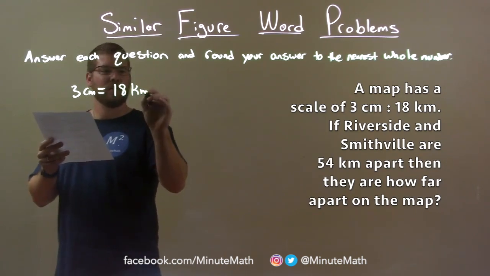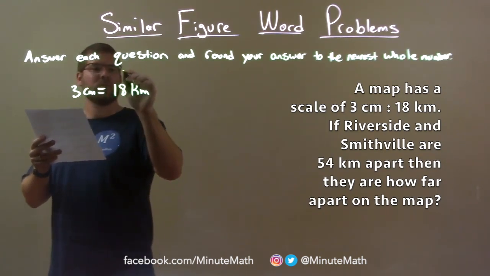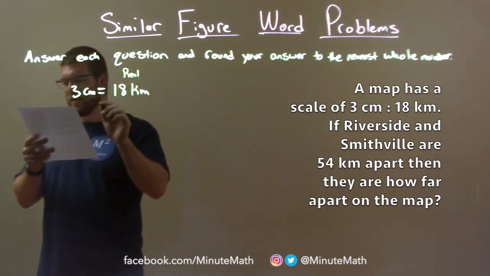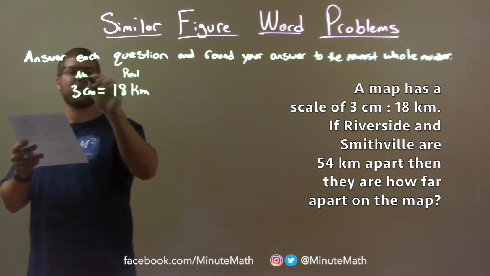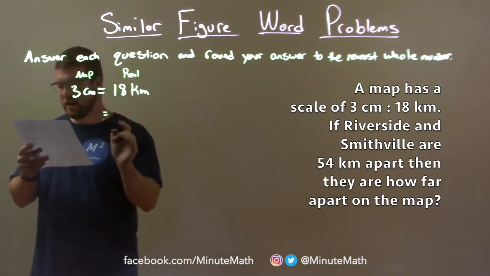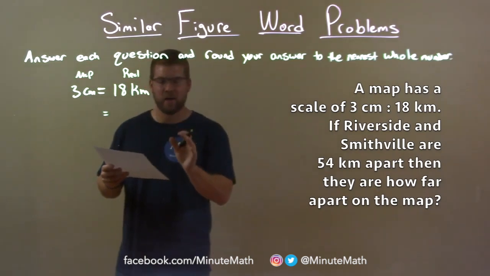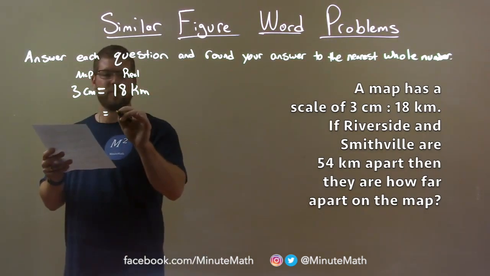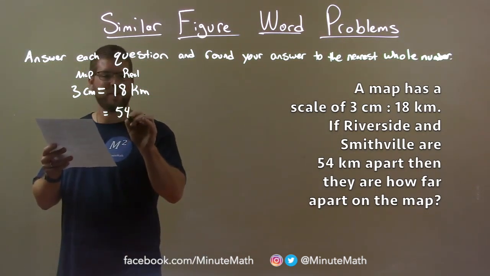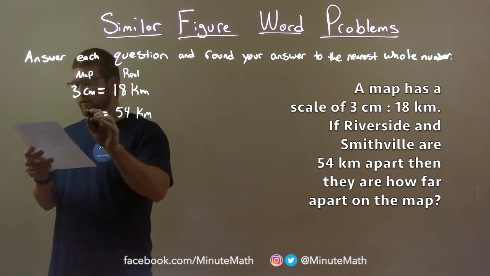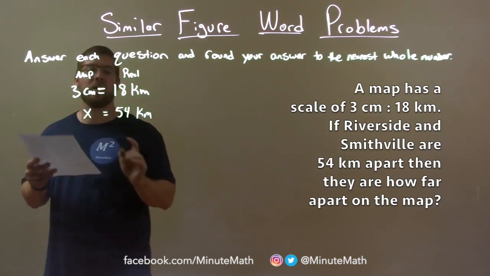So 18 kilometers in real life equals 3 centimeters on the map. They also say the two towns are 54 kilometers apart, so now we want to see how far apart they are on the map.